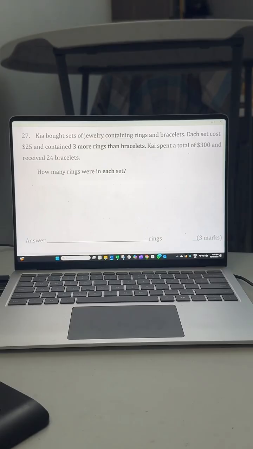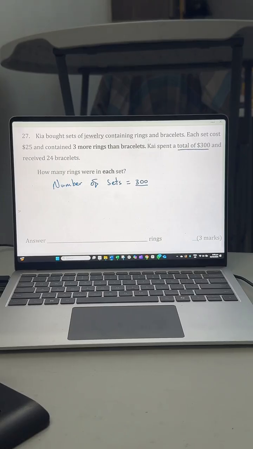The number of sets would be equal to 300 divided by 25, because Kai spent a total of $300 and each set costs $25. Dividing 25 into 300, I can find out the number of sets.